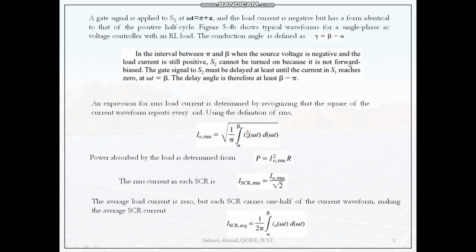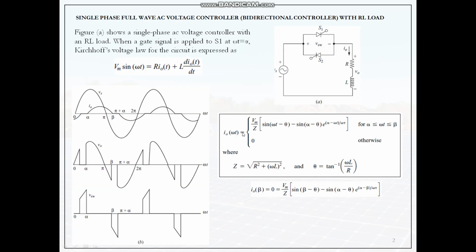Okay, now we can find what will be the RMS value of the output voltage, rather output current. So output current, you have seen that if you want to calculate the RMS value, you have to square this function. So once you square, this negative portion will appear on this side. So the period you will find is pi, and current you are getting only in alpha to beta. So you have to take the root mean square.